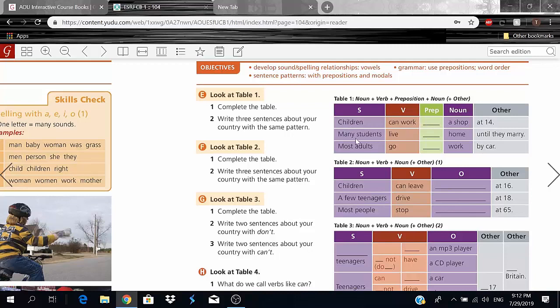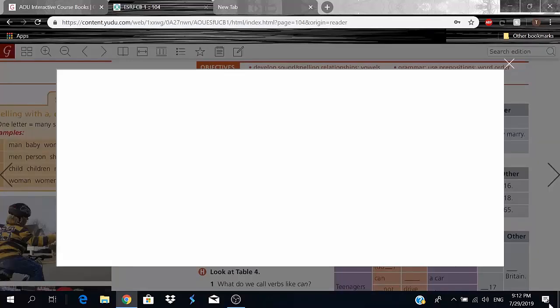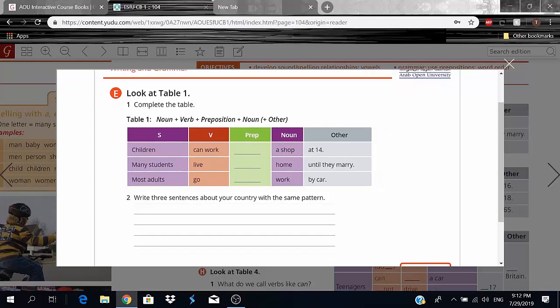Number 2, many students live dash home until they marry. Home is used with at, okay? So I could say many students live at home, okay? So I could say in a shop, and many students live at home until they marry.